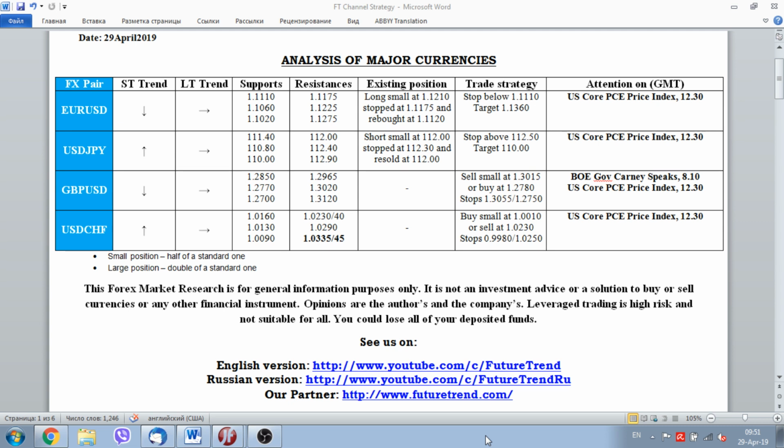And in this context, we should understand that today's United States core personal consumption expenditure price index should attract special attention of currency traders.